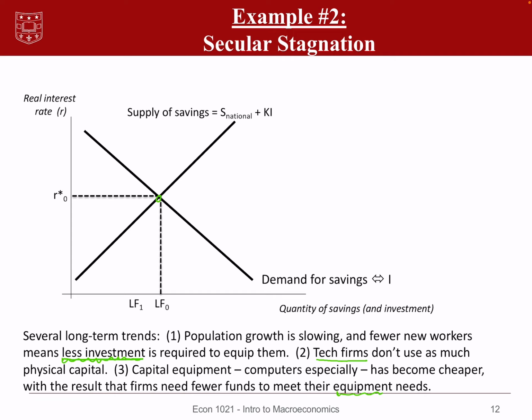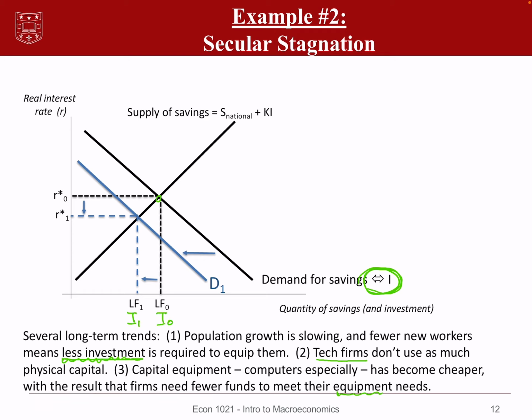So we have all three of these things working together to do what? Well, obviously, to reduce the demand for investment. So if the demand for investment falls, say, from this original one to D1, again, what we can observe is that that's going to correspond to a lower level of investment overall.